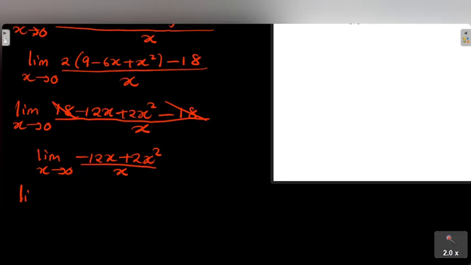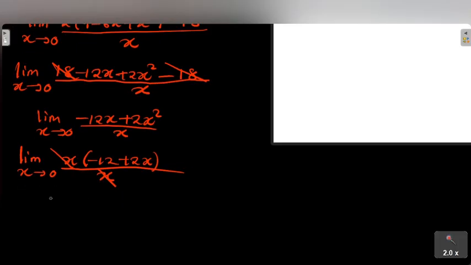We have the limit as x approaches 0, we factor out an x, then we have negative 12 plus 2x. Then we divide this by x. So x and x cancel. Now we have the limit as x approaches 0 of negative 12 plus 2x.